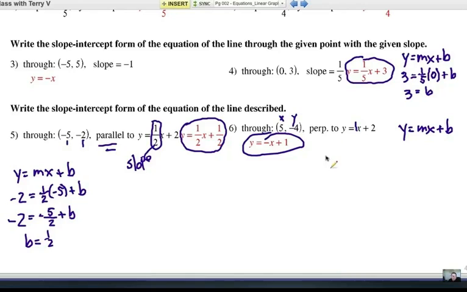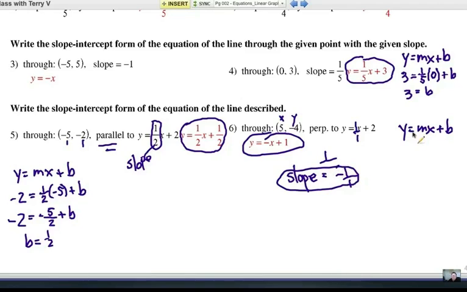Now remember that perpendicular means creating a right angle to the line, and the principle, as I said in a previous video, is that they are negative reciprocals of each other. So what's the negative reciprocal of positive 1/1? That'd be negative 1.